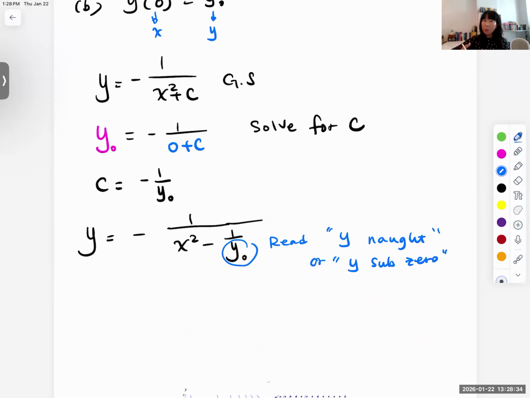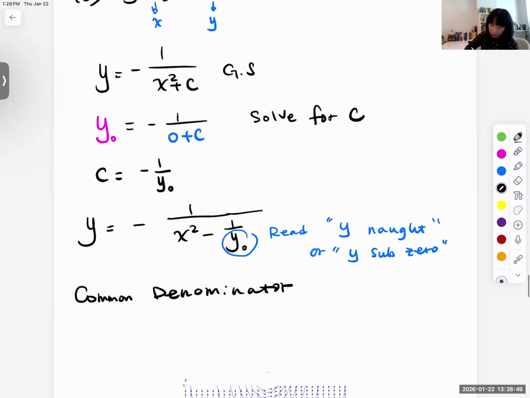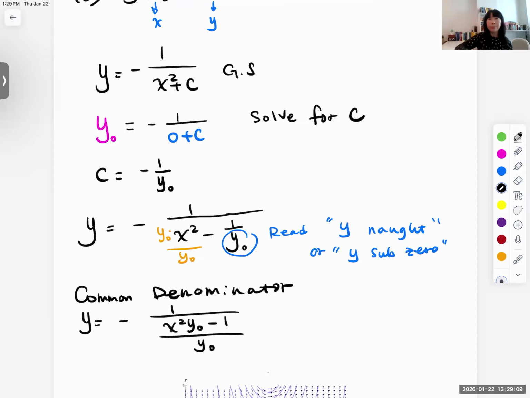Okay. So let's make a common denominator, so we make a nice form. So that would be y naught, so we multiply by y naught. So that would be y equal to minus 1 over x squared y naught minus 1 over y naught.